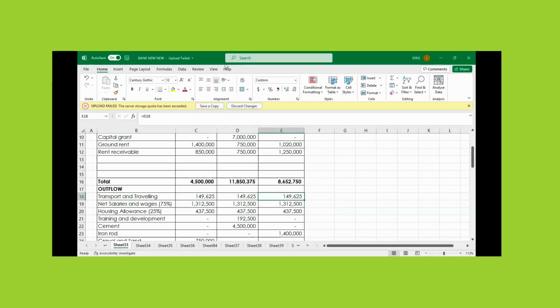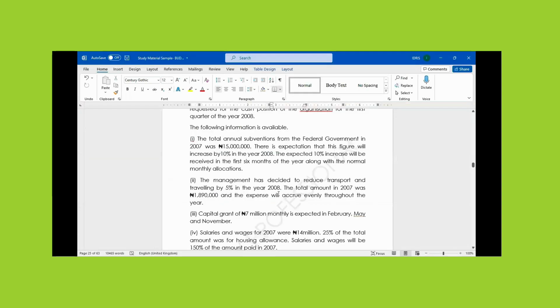So let's go and read note 3. Note 3 said what? Capital grant of 7 million is expected in which month? February, May and November. Which one affects our budget here?